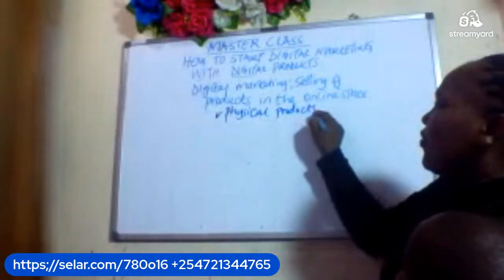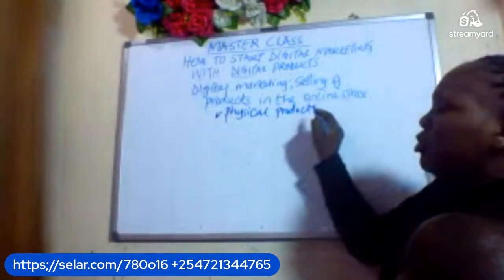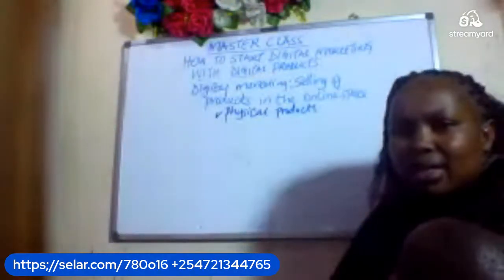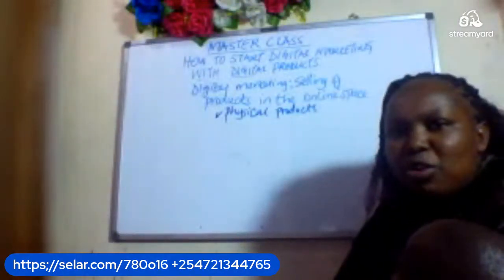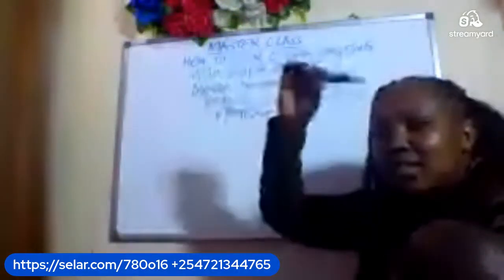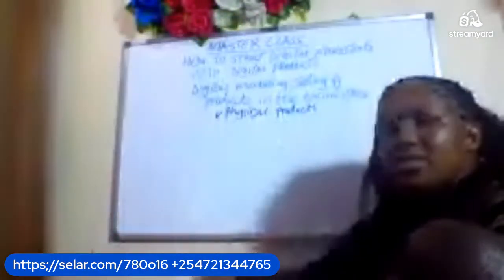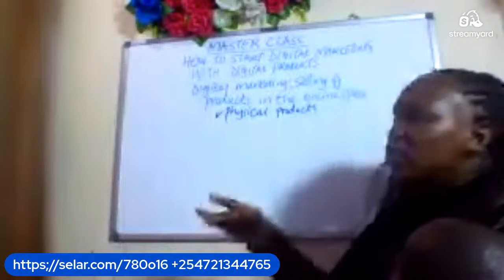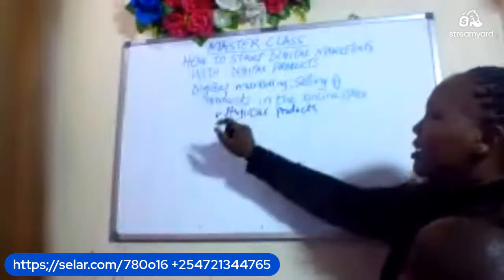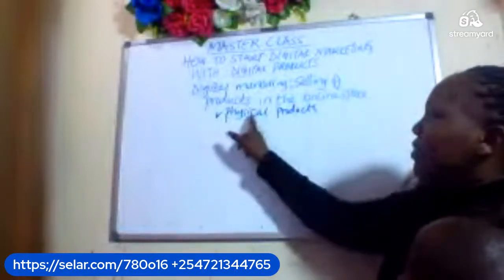These ones I'm very sure you are conversant with. Let's say people are selling laptops, they are selling phones, they are selling clothes, and they are advertising here and saying, the dress, it is this size, and I'm selling it at 1,000 bob. Those people are into digital marketing, but they are selling a physical product. A physical product is one that is tangible.